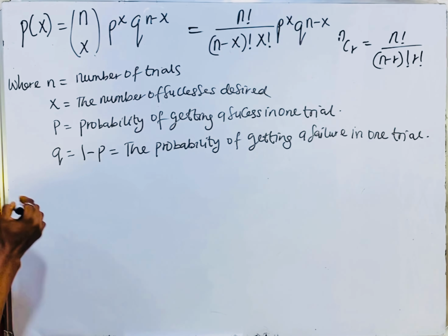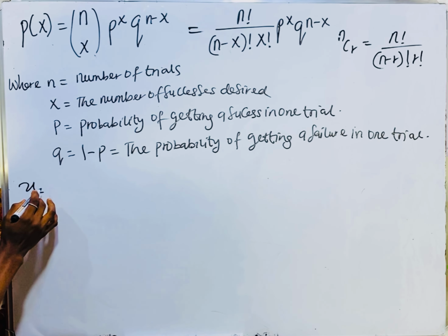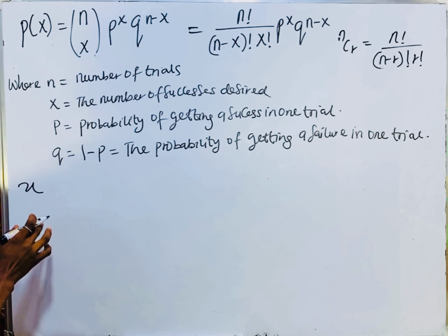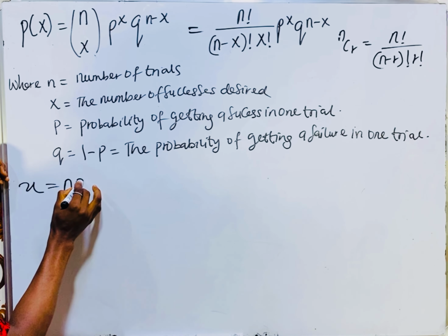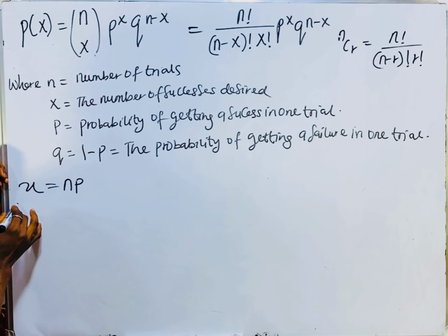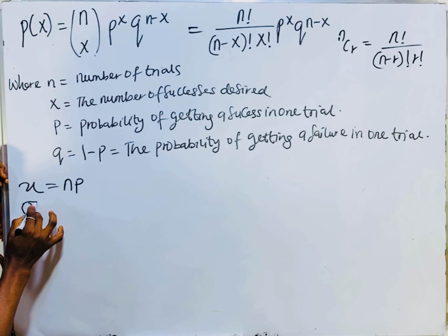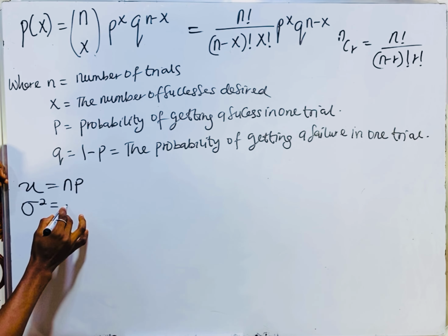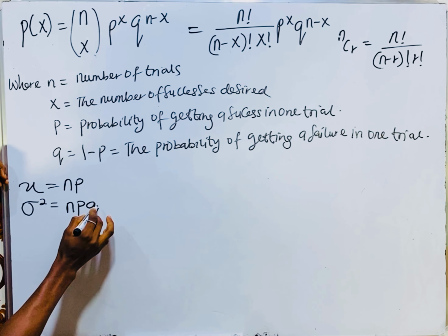So now I'm going to give you the formula for mean. Mean is represented with mu. The formula for mean is n times p. Our formula for variance, denoted as sigma squared, is n times success times failure, n times p times q.